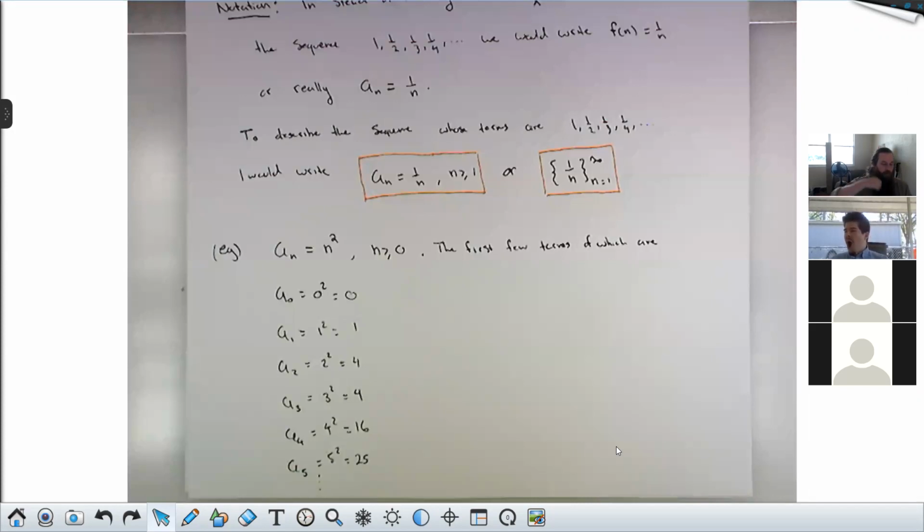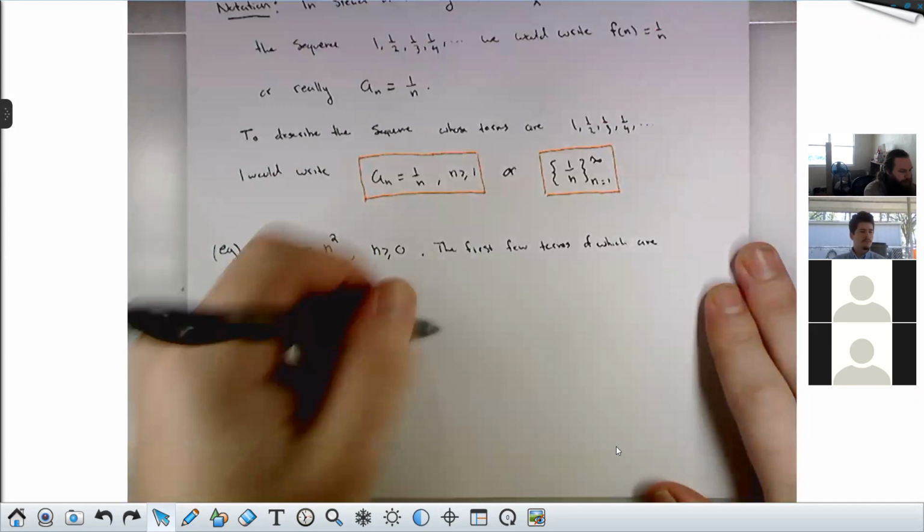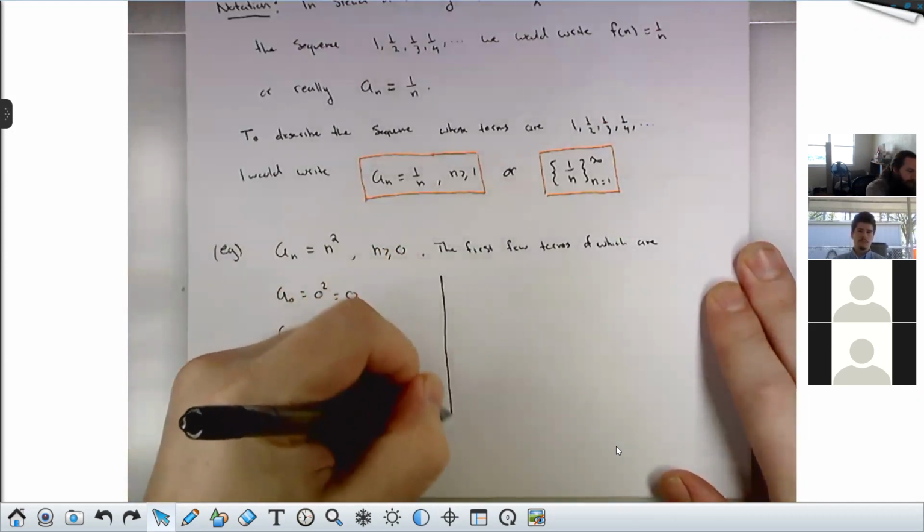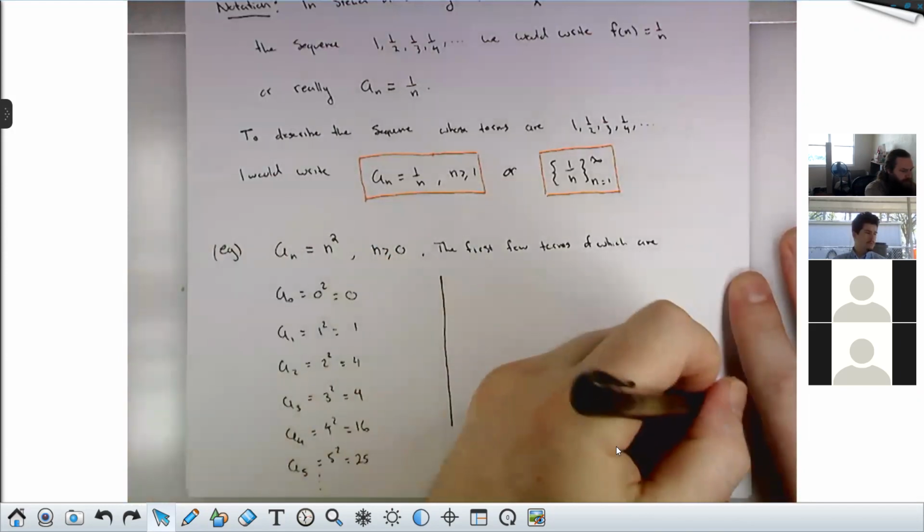You can graph a sequence, just like you graph any other function, as ordered pairs, input, comma, output. So let me show you what the graph of this sequence looks like.